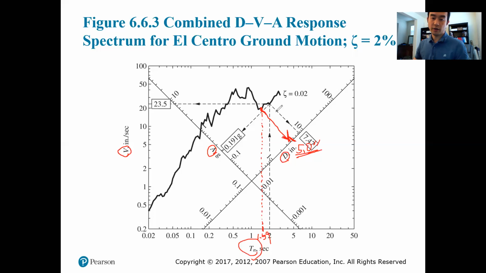This is one of the ways we can use this combined version of the response spectrum. And to get a more accurate number for our result, you can always run the PRISM analysis to develop the response spectrum and make sure that you are reading the V value to get the peak deformation.